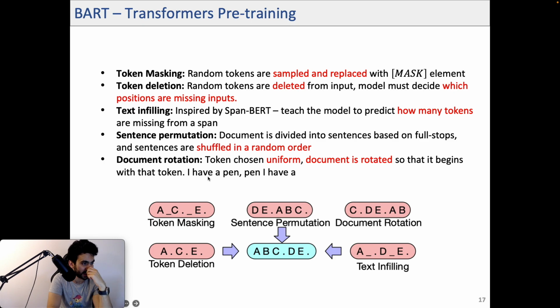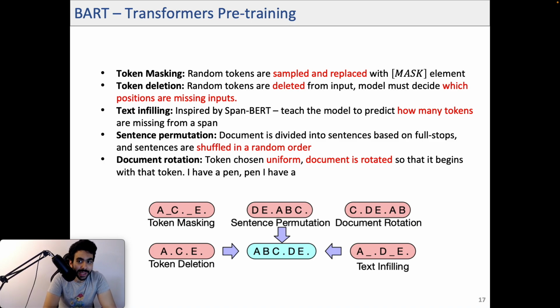So if you have, for example, I have a pen, it becomes pen, I have a. And the model should organize it and output that I have a pen is the right sentence. With this, they made sure that the model is pre-trained on something more than the normal masked language modeling.